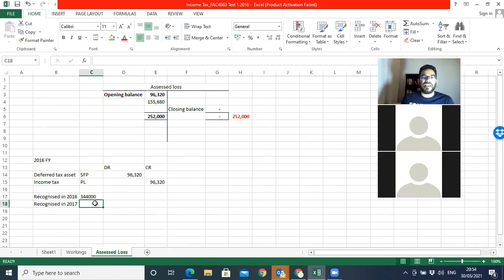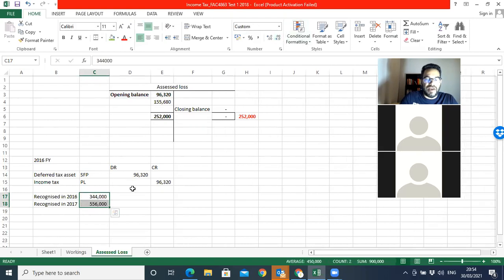There was only one previous year. So in the previous year, I recognized 344,000. So therefore, this year, I can recognize the difference between the full assessed loss and what I recognized. So here I'm going to say 900,000 minus the 344,000. So that gives me the 556,000.